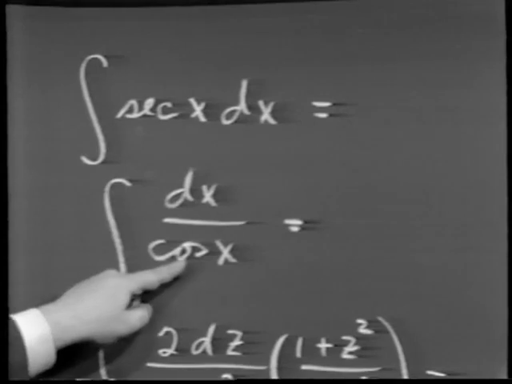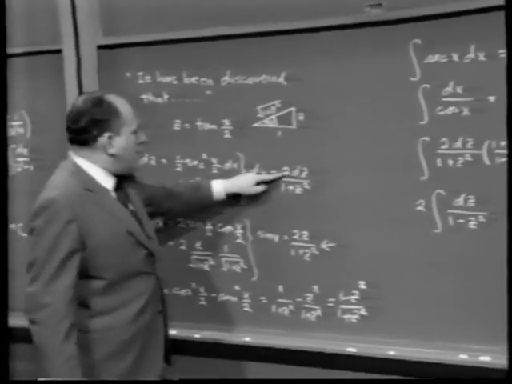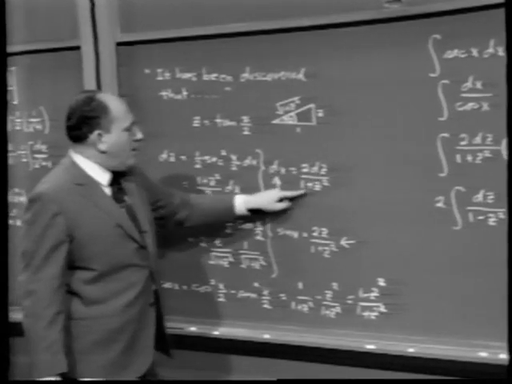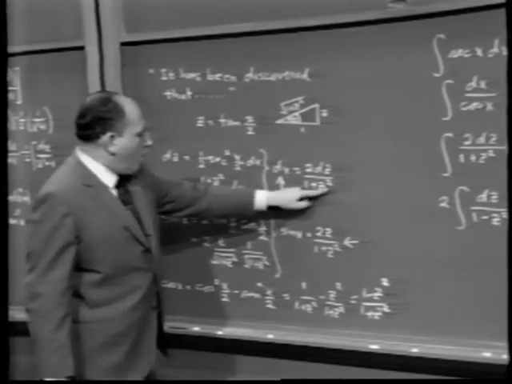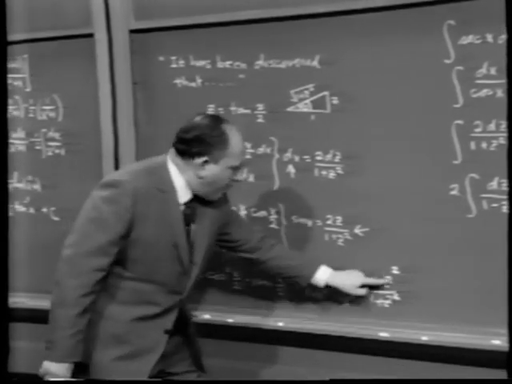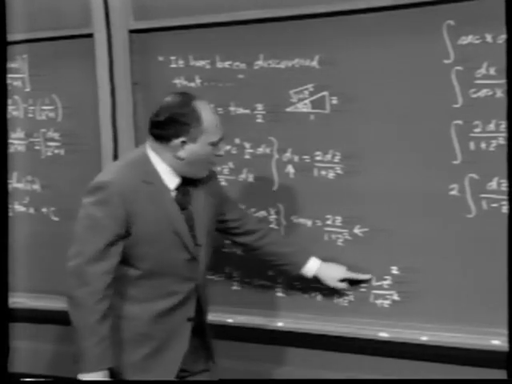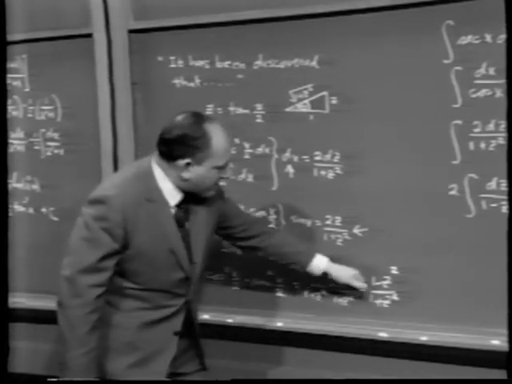Now, let's come back here for a moment just to refresh our memories. We saw that dx was 2 dz over 1 plus z squared. We saw that cosine x was 1 minus z squared over 1 plus z squared. Therefore, 1 over cosine x will just be the reciprocal of this.